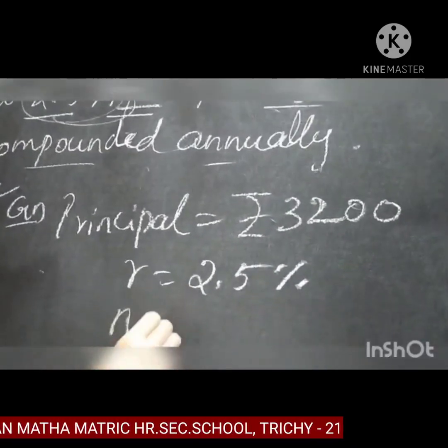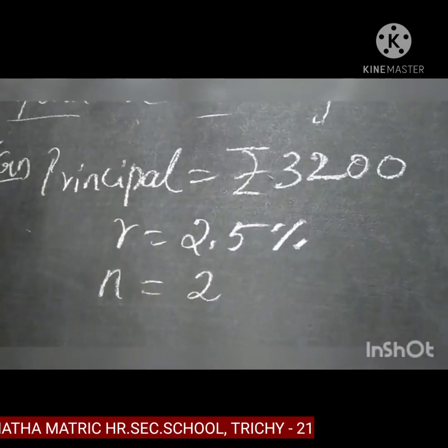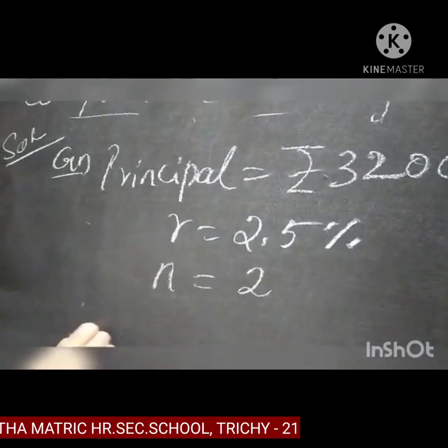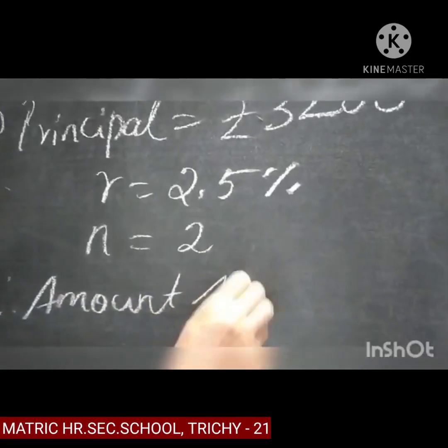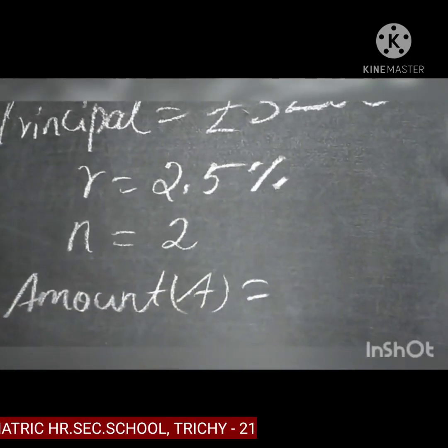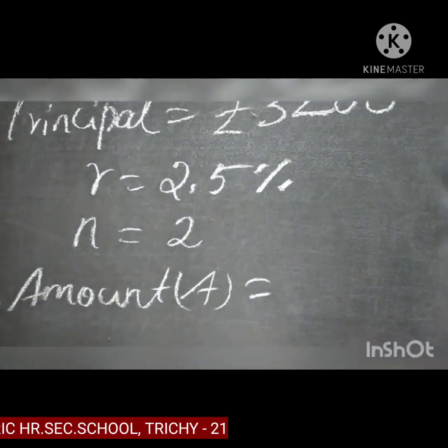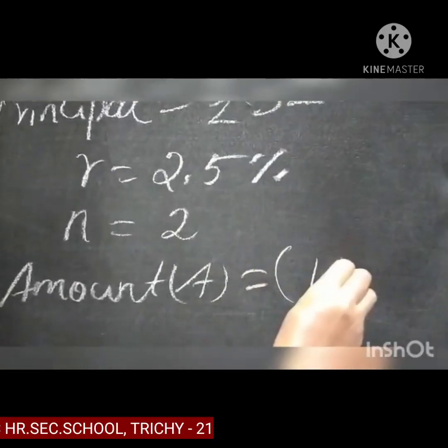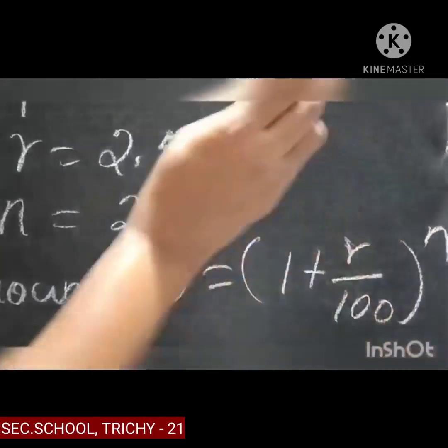The number of years n is 2. So you have to use the amount formula for finding the amount: A equals 1 plus r by 100, the whole power n. The formula is 1 plus r by 100, the whole power n.